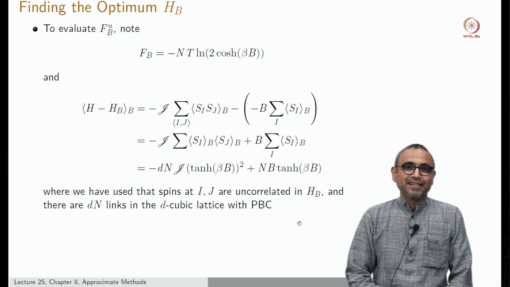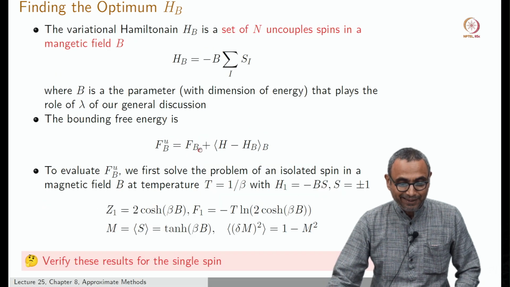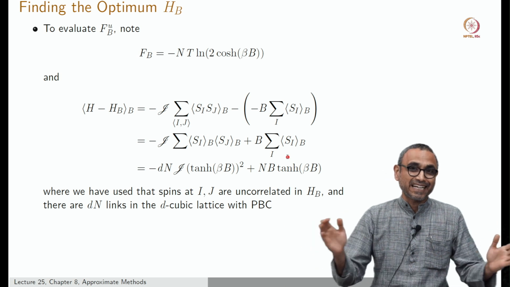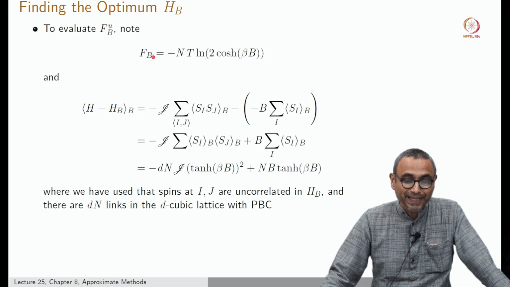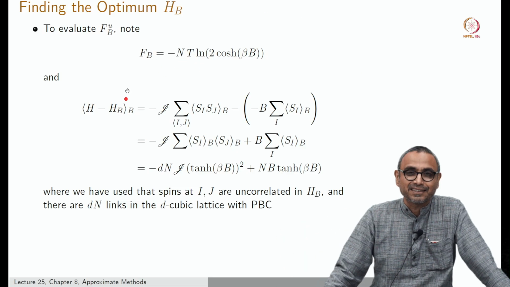Okay, so this F_u has two terms. The two terms are the F_B and the expectation of H minus H_B. Now these are uncoupled spins. There are n of them. Remember, we have n lattice sites with periodic boundary conditions. So F_B is n times the free energy of individual spins. So that's just very straightforward.